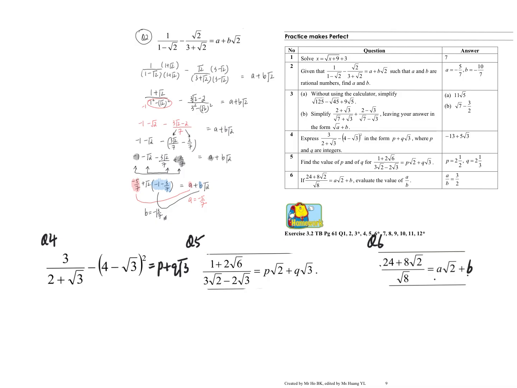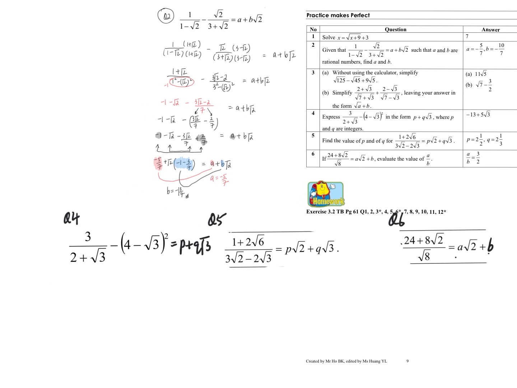They are asking you to simplify the left hand side and then compare with the right. So if you look at question 4, what you can do is to rationalize this one. Okay, you rationalize the fraction. You get 6 minus 3 root 3, and then the bottom is just this square.